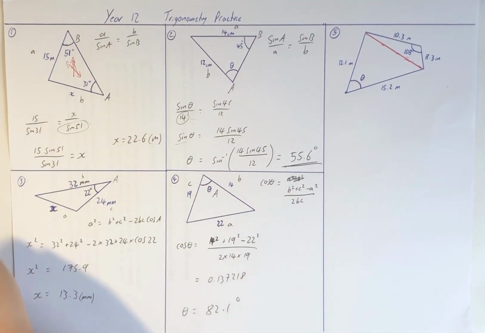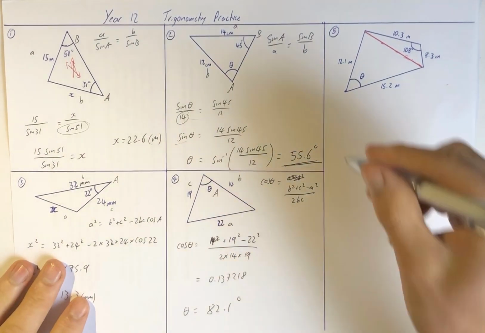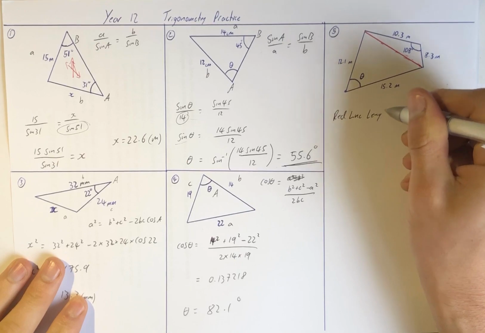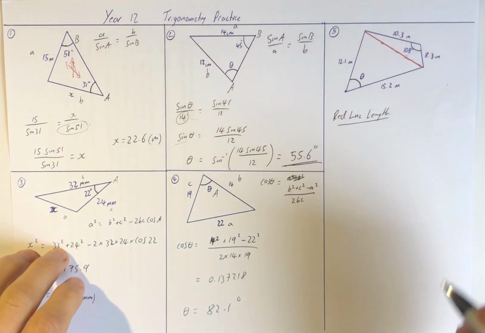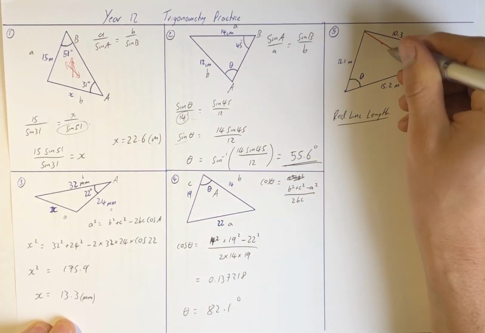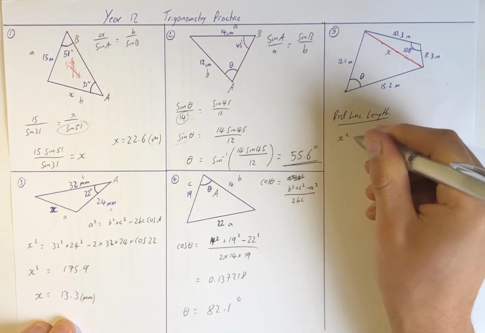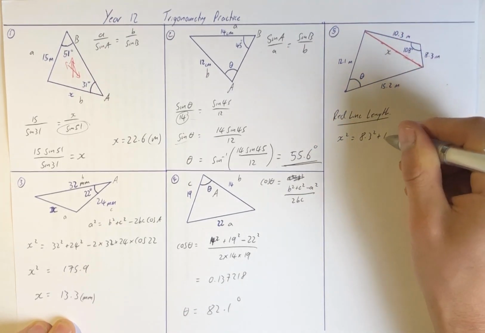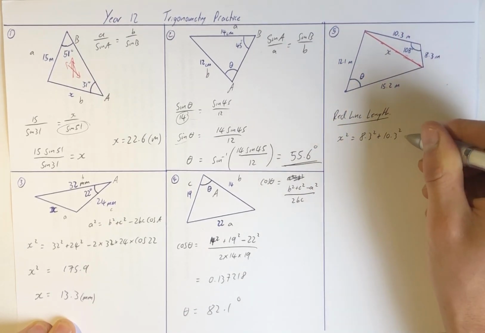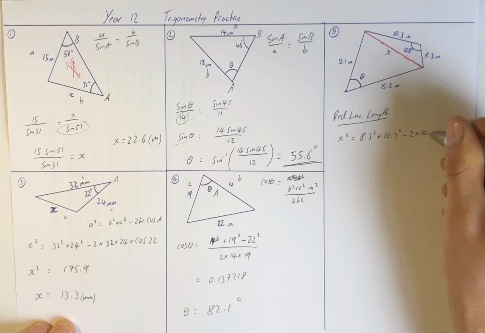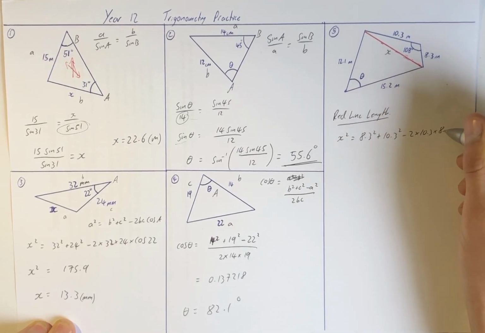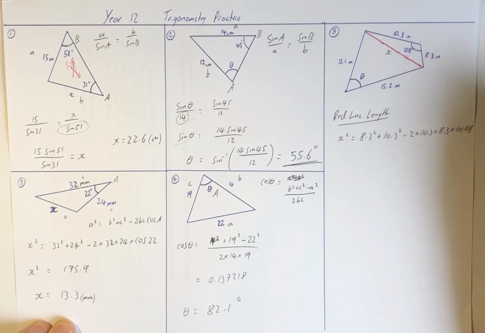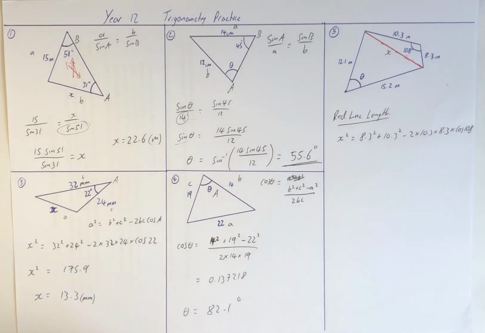So I'm going to communicate my working and say red line length, and that's going to be the cosine rule. This side here, let's just call it x. x squared is b squared plus c squared minus 2 times b times c times cosine of that angle.